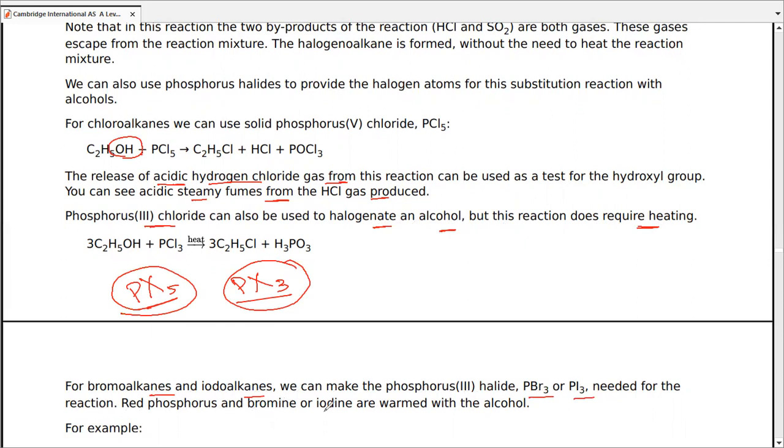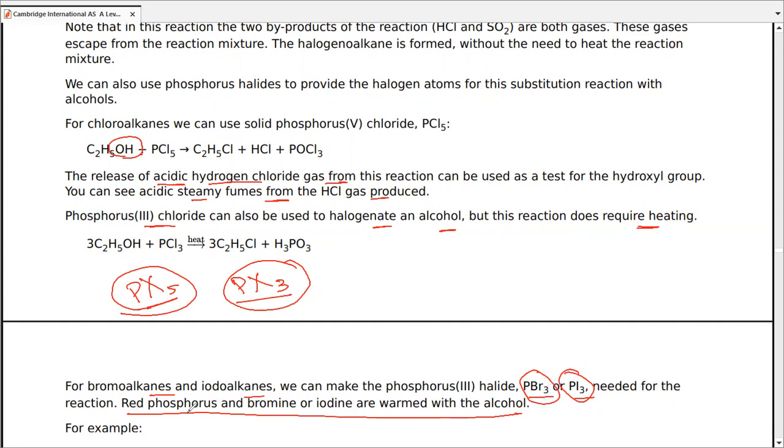Red phosphorus and bromine or iodine are warmed with the alcohol, and that's how we go with these reactions. Now, this last line, I clearly cut it down in a different way. Let's underline it. This specific line is telling you that we are forming PBr3 or PI3 in situ for the reaction. Look, he's not directly putting PBr3 or PI3 in the reaction vessel.